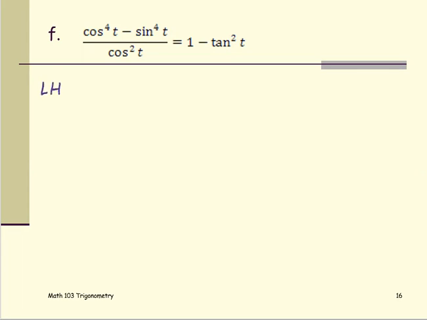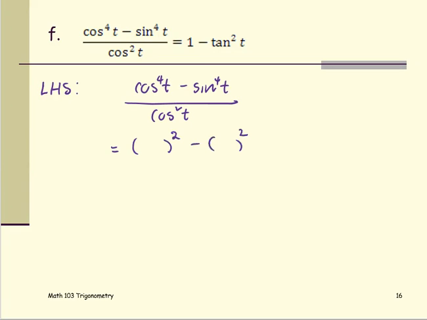So we work on the left-hand side expression, which is the power 4 of the cosine t minus the power 4 of the sine t, divided by cosine squared t. As you see the power 4 and the power 4, think about the quantity squared minus the quantity squared.